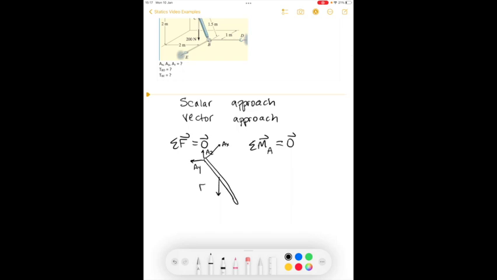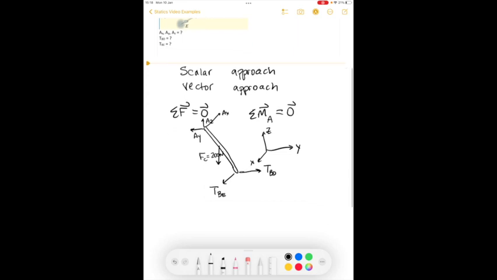There's this force, which I'll call FC, of 200 newtons. And we have two cables here with tension: the tension in cable BD and the tension in cable BE. With our X, Y, and Z axes oriented this way.